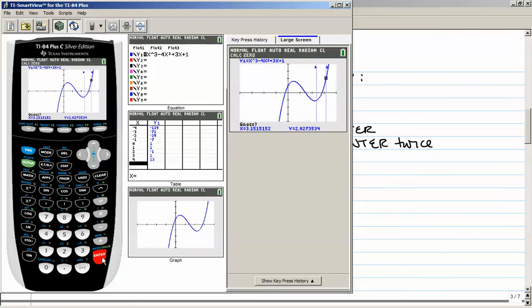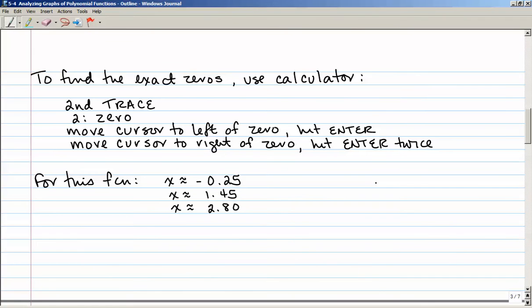Somewhere up here, and hit enter. And remember, now it's going to look between those two lines. Your calculator may not actually draw lines. You may just have to look for these little arrows at the top here. And then hit enter again. And we have a 0 at approximately x equals 2.80. So that's how you can find a pretty good approximation of the zeros.